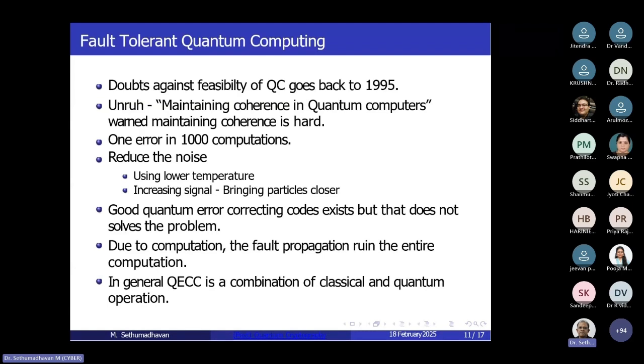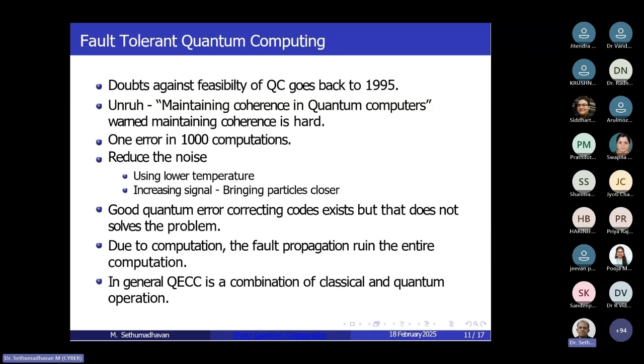Still, this is happening. Look at, for example, an integer factorization problem you are trying to solve. With a small error, what is the point in finding the answer? You reach a situation where you have an error in every 1,000 computations. You cannot work with that. That is a big problem in quantum computing presently also.